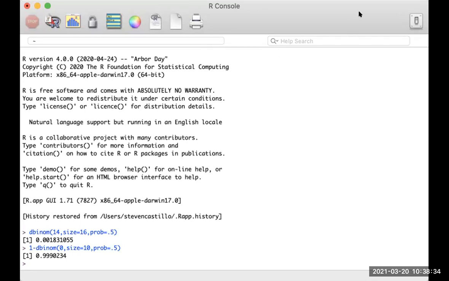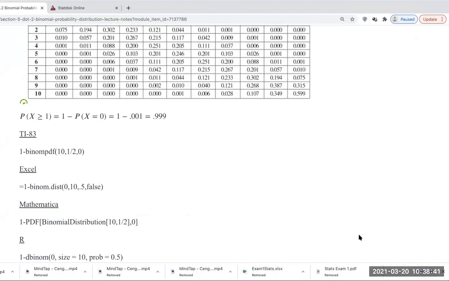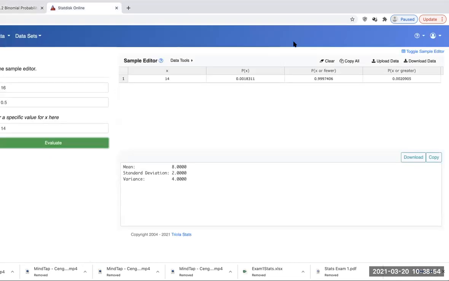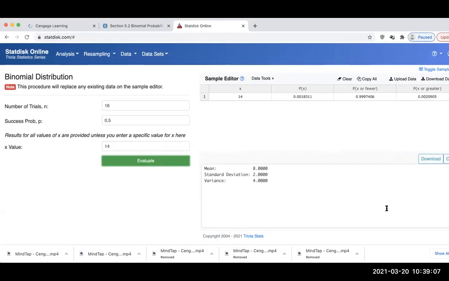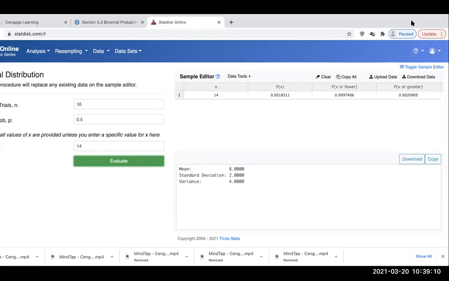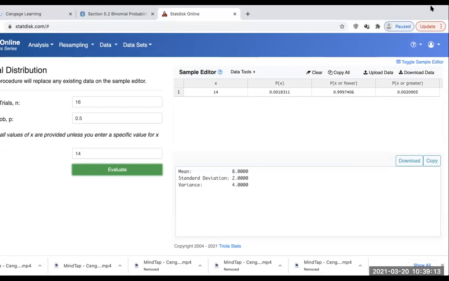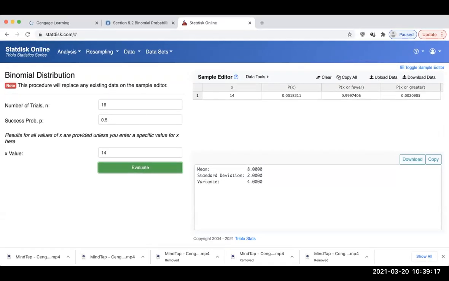And let me do this. Okay, third one, so 10, 0.5. Okay, so binomial distribution.